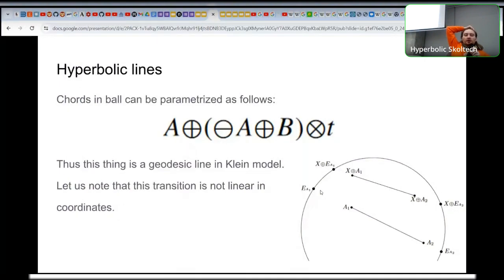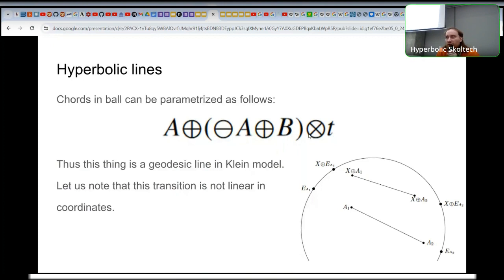So geometrically, again, if you take expressions like this, where A and B are just points inside your ball, and t is a scalar, it will look like a straight line in the Klein model. For t real.